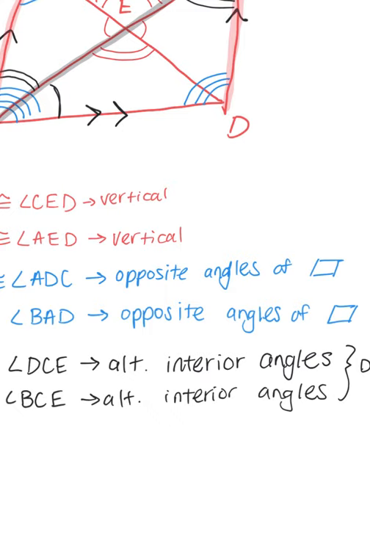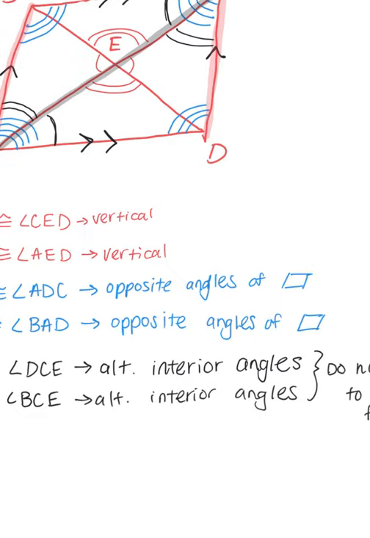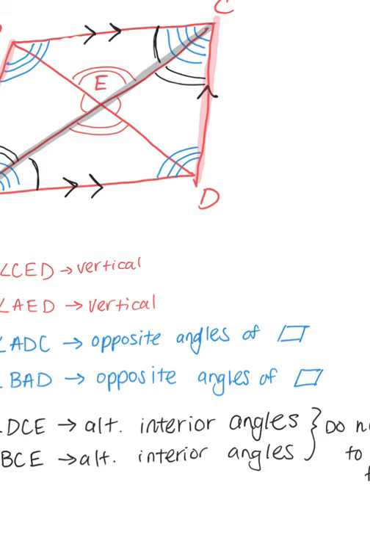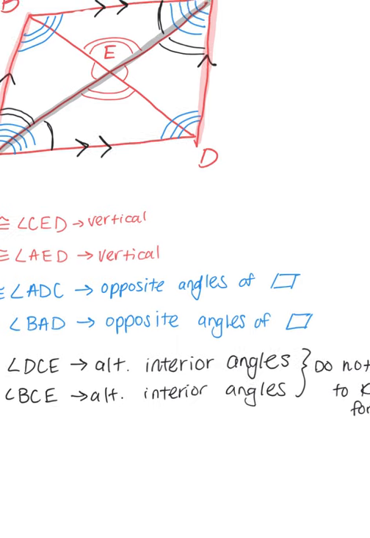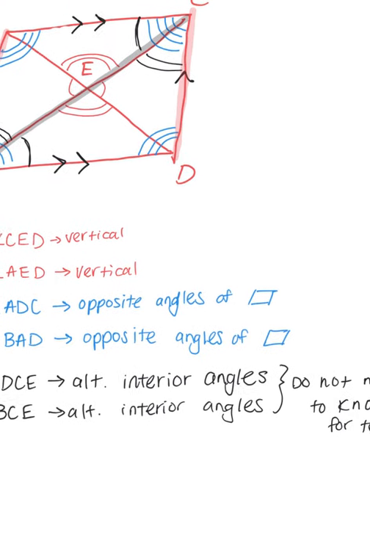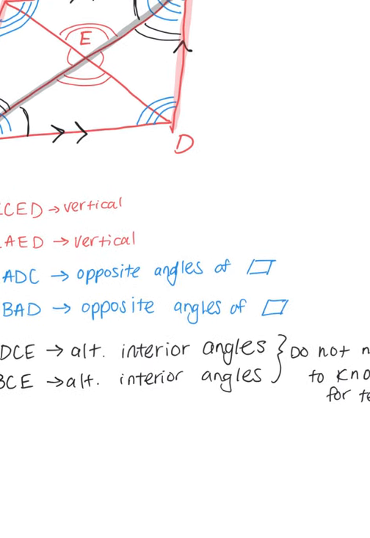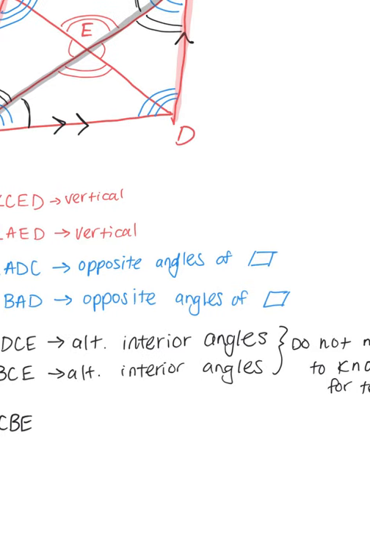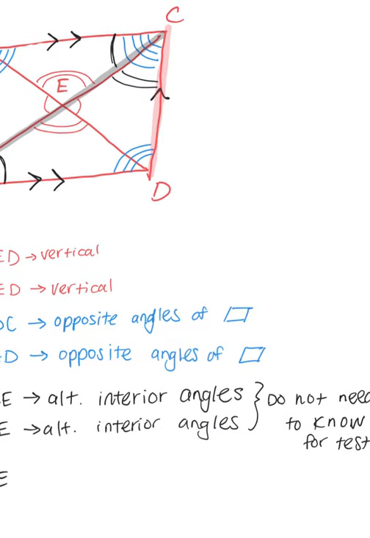There's two more pairs of alternate interior angles, with BD being our transversal. And those angles are ADE would be congruent to CBE, and CDE would be congruent to ABE.